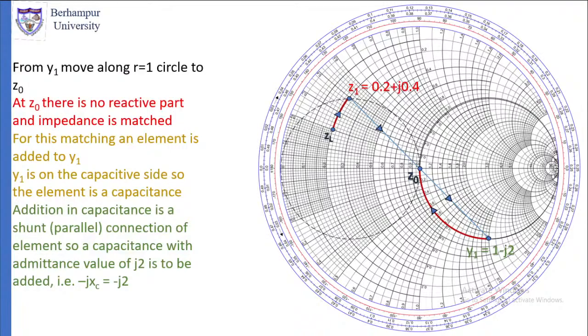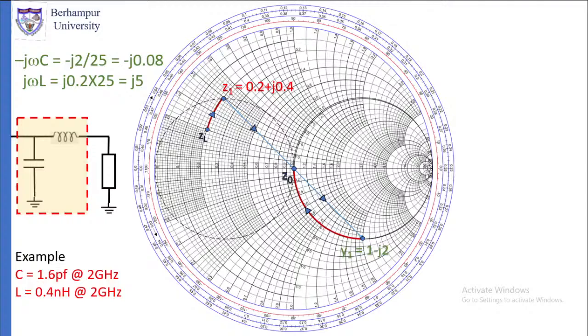So a capacitance with admittance value of J2 is to be added. That is, jB is equal to minus J2. So this is a parallel addition of capacitance.